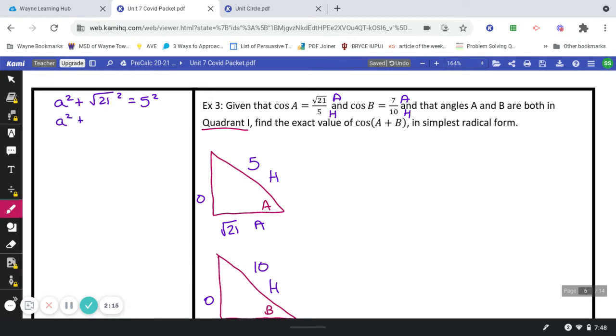A square root and a square are opposites, so they cancel out, leaving me just 21. 5 squared is 25. Then you subtract 21 from both sides to get 4, and square root that to get 2. So that missing side would be 2.